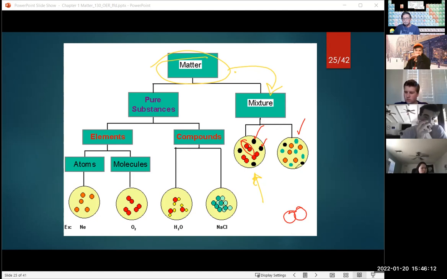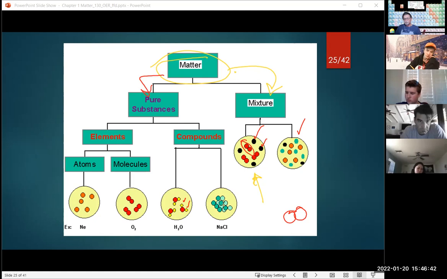A pure substance, if we go the other direction, could be a pure compound. The thing about a compound is that at the minimum, two or more different elements are put together to form it. Here's H2O. The yellow spheres could represent hydrogen, and the red could represent oxygen.